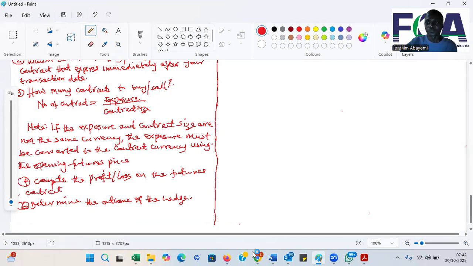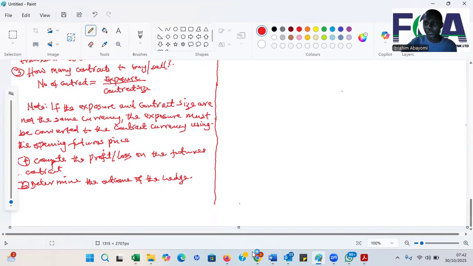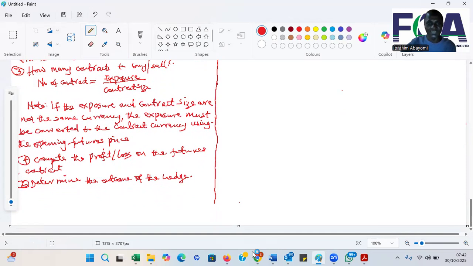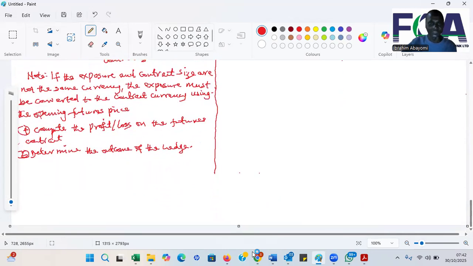Now, I also told you that you may also be asked to calculate hedge efficiency. Hedge efficiency is how effective your hedge is.